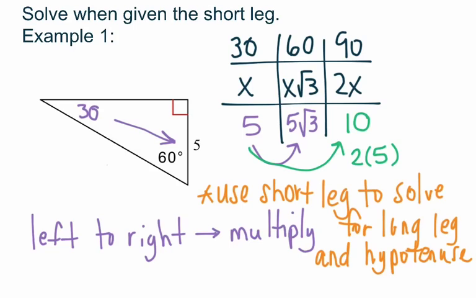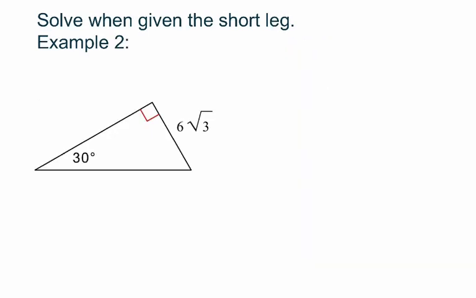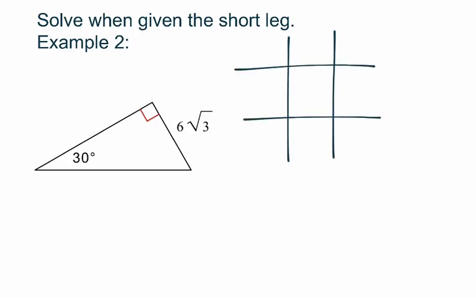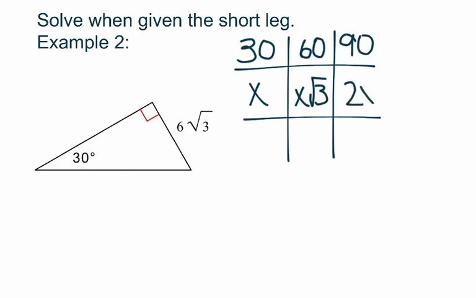Alright, let's try another one. We have our short leg. I draw my grid: 30, 60, 90, x, square root of 3, 2x. We're given 6 square root of 3.